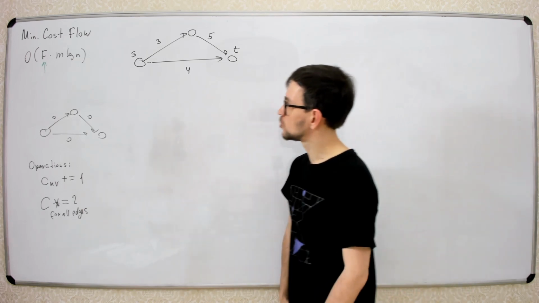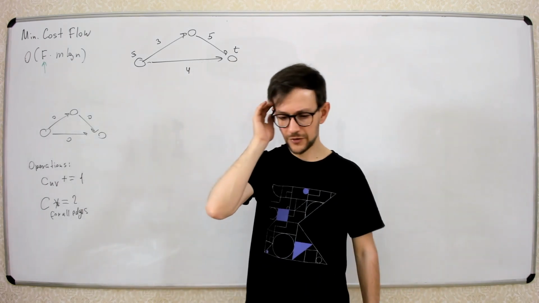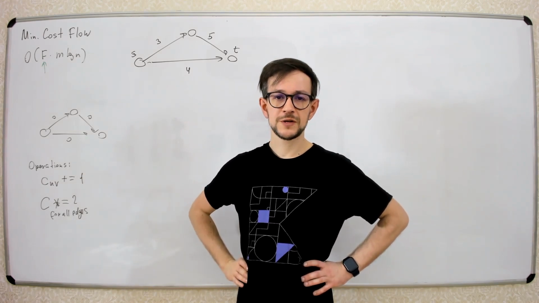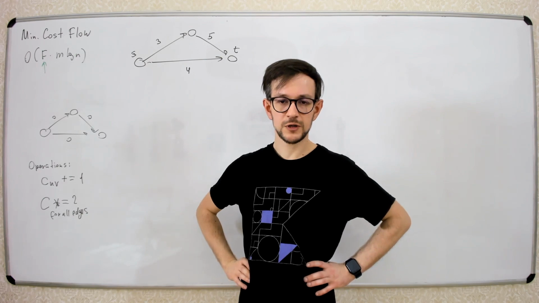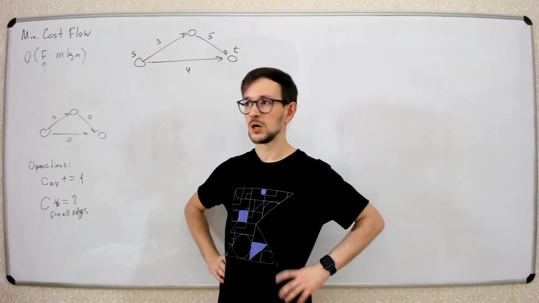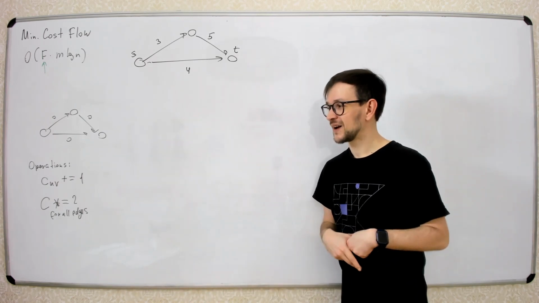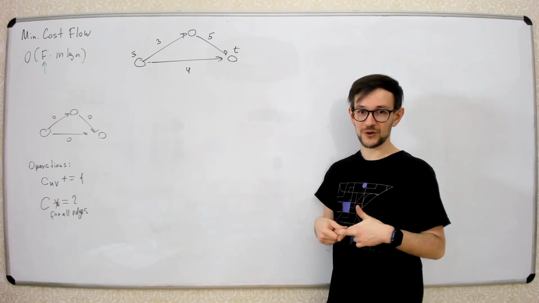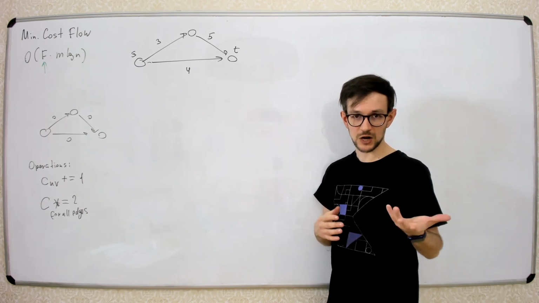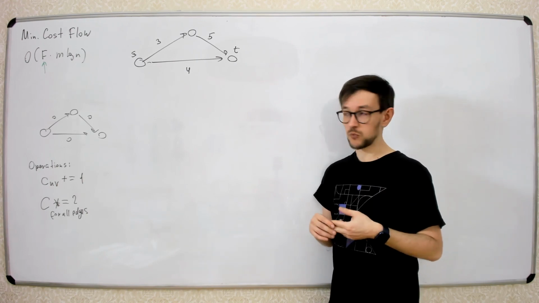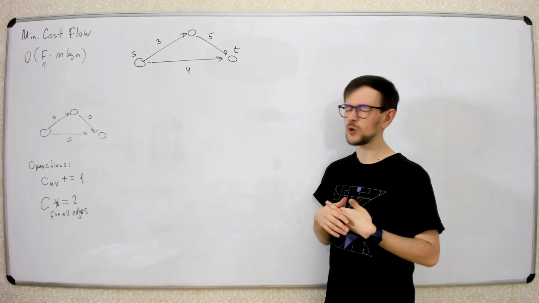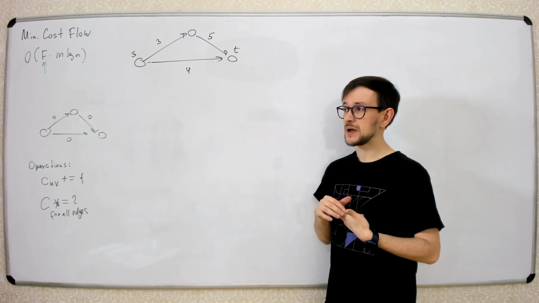Why do people want to get rid of the logarithm of it? It's mostly theoretical reasons. In theoretical computer science, it's more interesting to discuss algorithms with strongly polynomial time complexity. If you have log f in your time complexity, it's almost linear, almost polynomial, but it depends on what f is about.